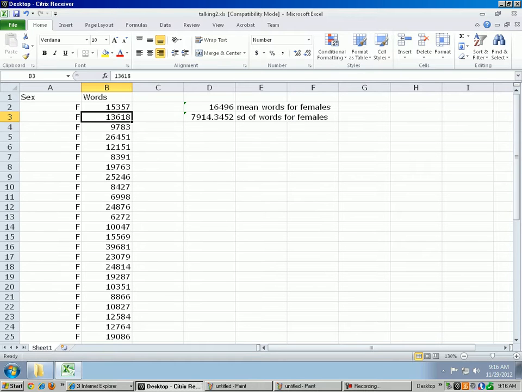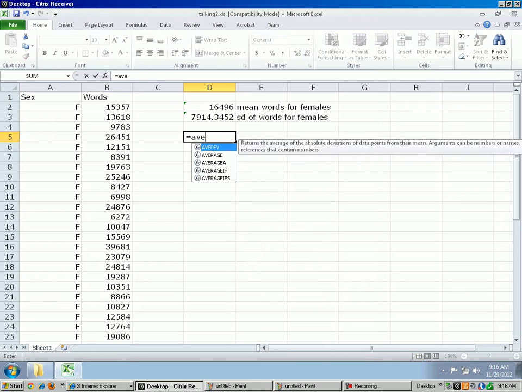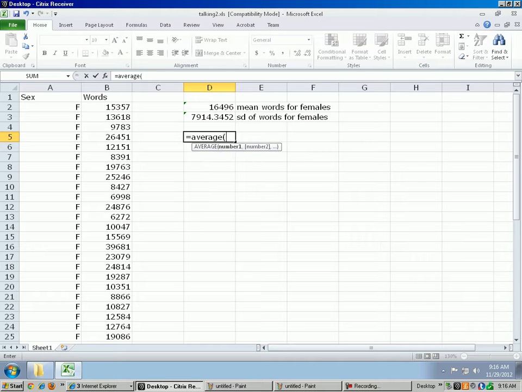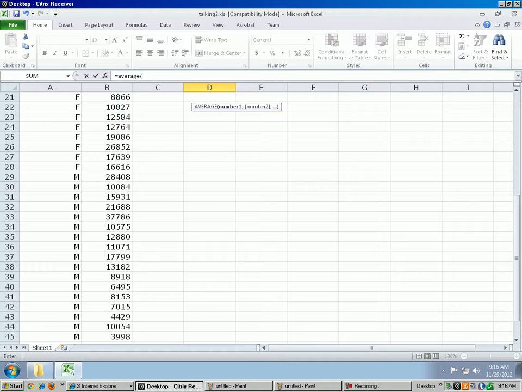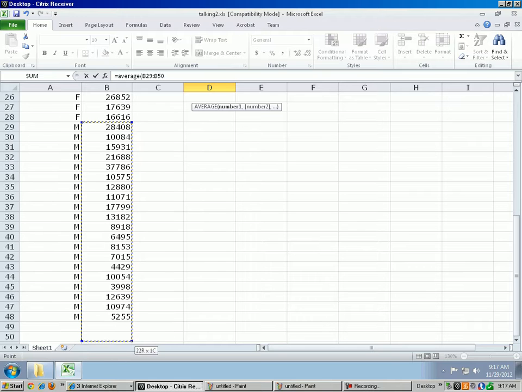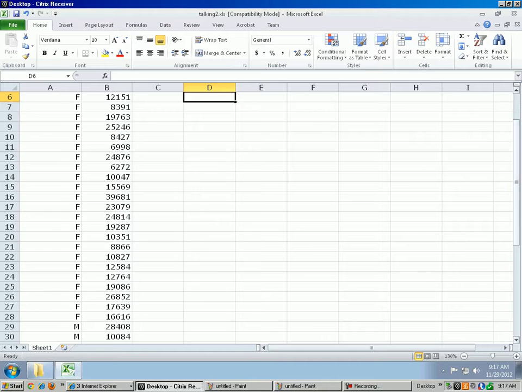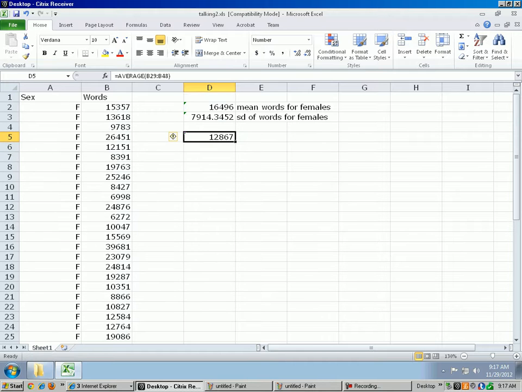So just do the average command again. Average of cells for the men, it's cells B29 to B48. Okay, so one more time, I just typed in average B29 to B48, that's the mean number of words for the males. I'll just say words for the males.